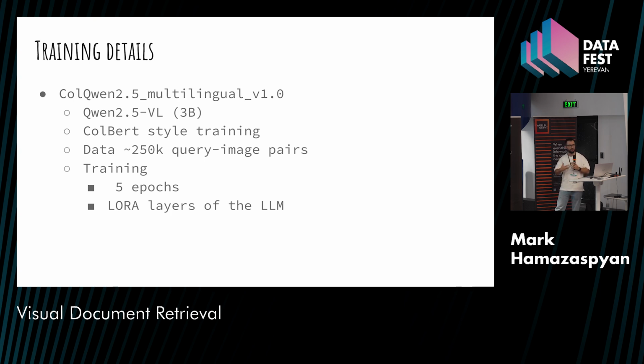We didn't train the LLM itself; we just put LoRA layers on the LLM and trained with the LoRA strategy. An important thing here is that we didn't touch any weights of the visual component. The LoRA layers are only attached to the LLM of the entire VLM.